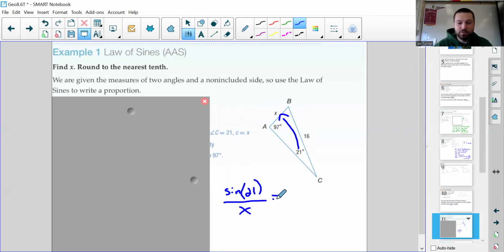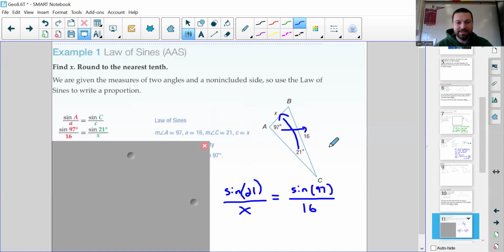And then we're going to set it equal to, and again, remember, we're just doing one proportion, basically, sine of 97 over 16. That is it. That's the setup. Sine of 21 over the opposite side, x. Sine of 97 over the opposite side, 16. We set it up beautifully.